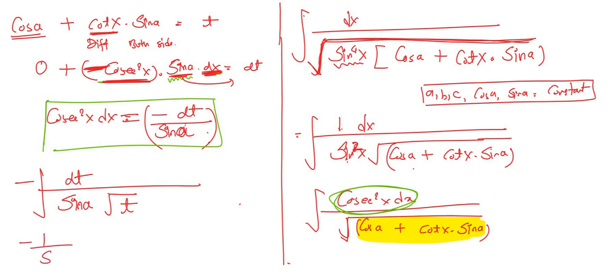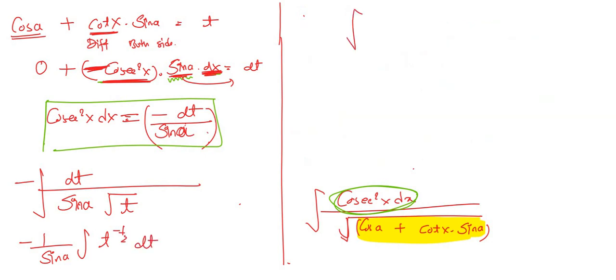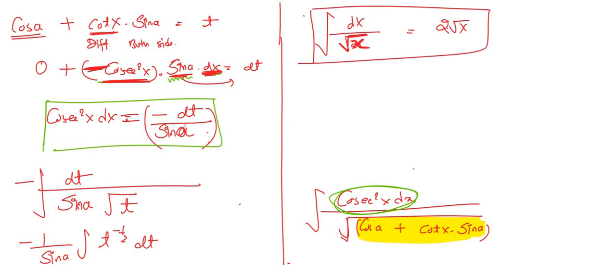So this is 1 by sine A integration of t raised to power minus half dt. There is a formula, integration of dx by root x is 2 root x. It came out from the basic formula only, but it is useful at many places. So memorize it.